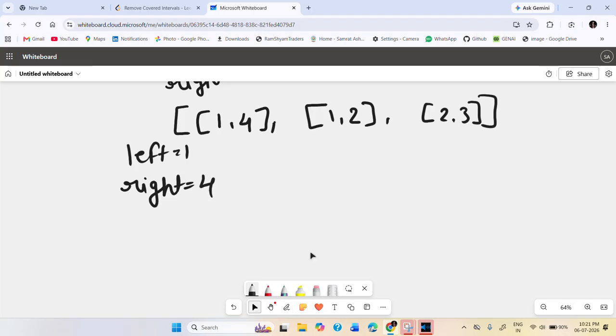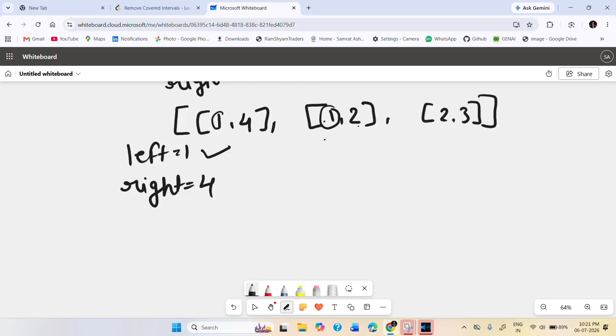If we check again, we compare with this left value. 1 is greater than or equal to 1, it is true, and 2 is less than or equal to 4, yes, it is true.